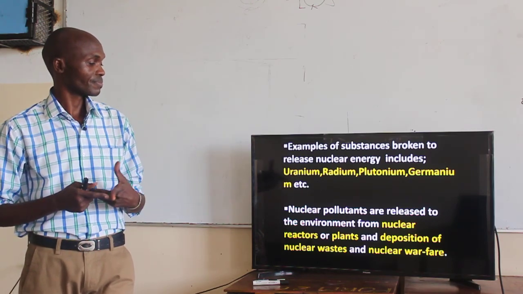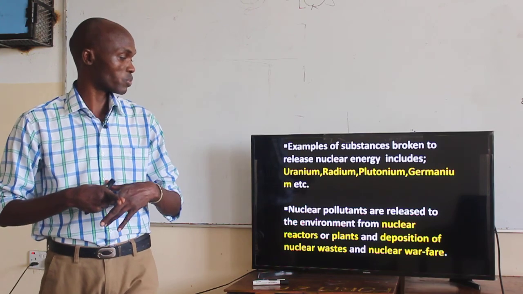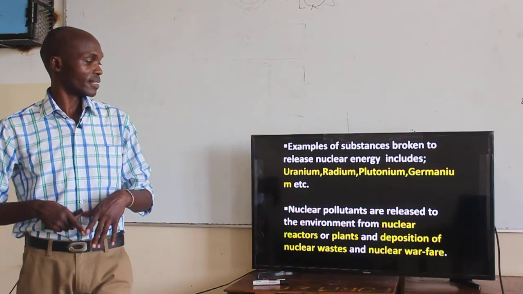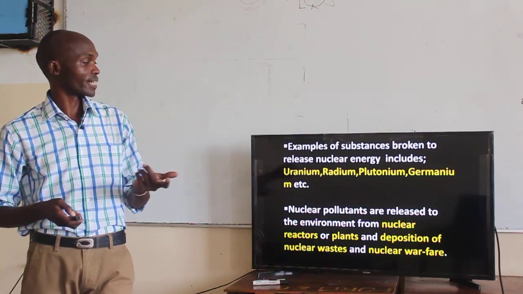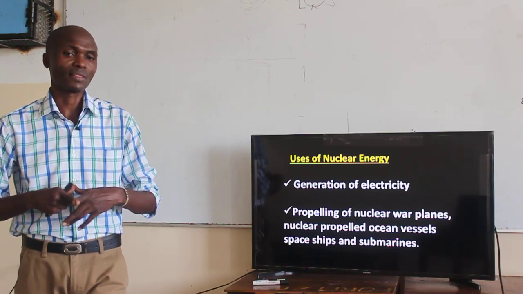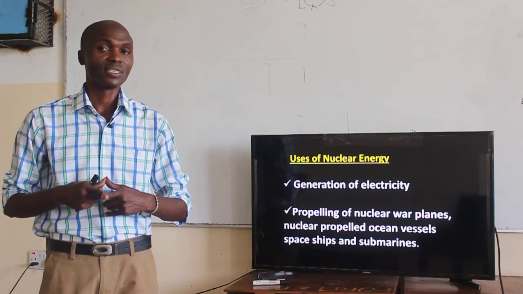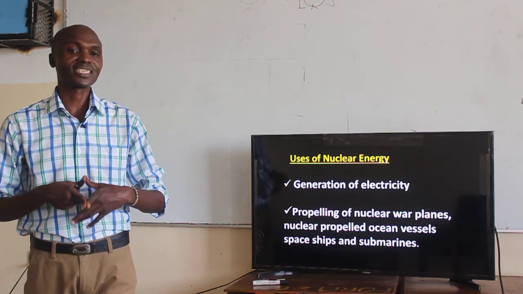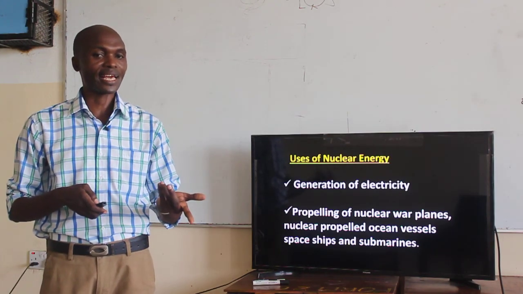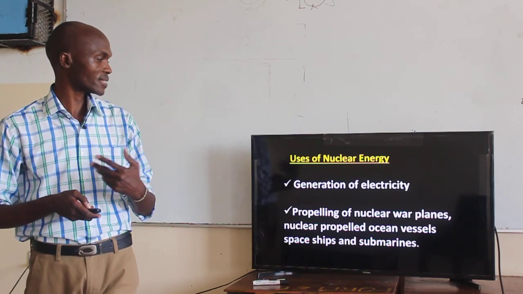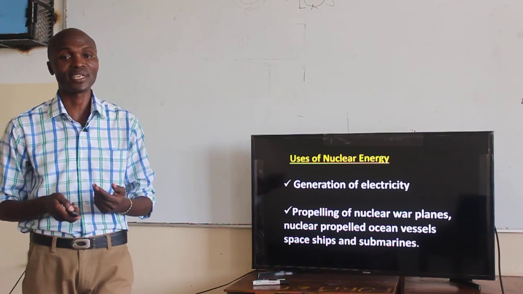So there are some ammunitions that are made up of nuclear material. So if a war breaks out, then nuclear warfare can be a source of this nuclear waste that can cause nuclear emissions. Although it's a challenge again, we have uses, okay? We use nuclear energy as a source of electricity and propulsion of nuclear planes, ocean vessels, ships, and submarines.